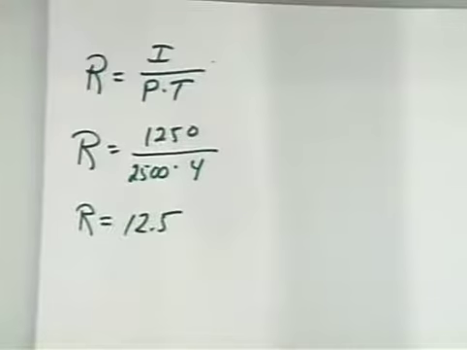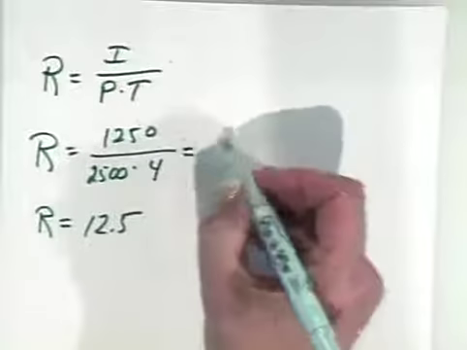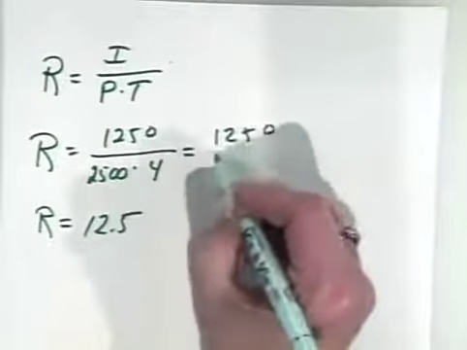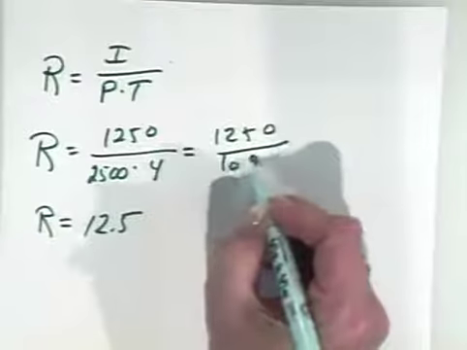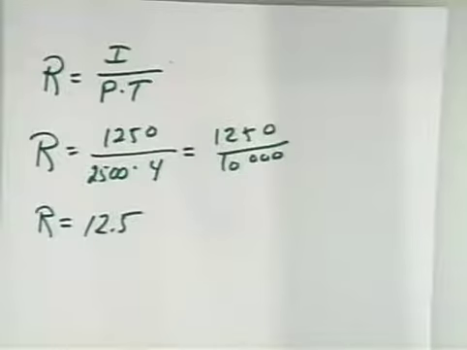I'm getting 12.5. If I calculate this denominator correctly, it's 10,000.